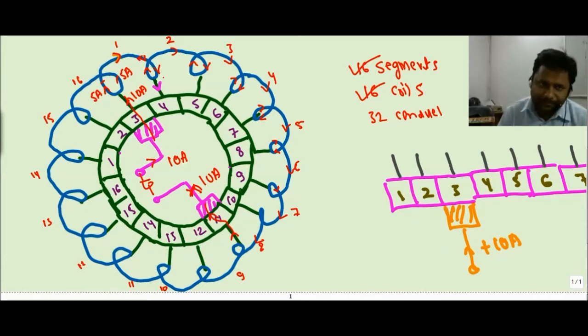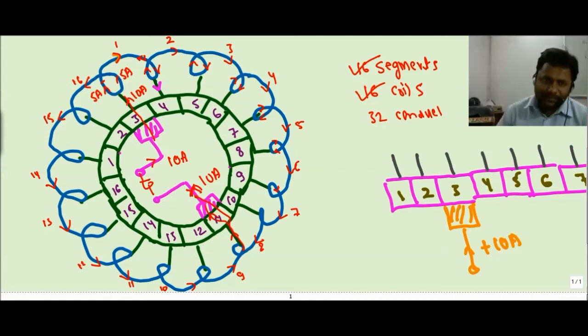Similarly, on the other side, this is 5 ampere, this is again 5, and so on. When it comes to commutator segment 11, there is a path for this 5 ampere to go toward the brush, so it becomes 10.